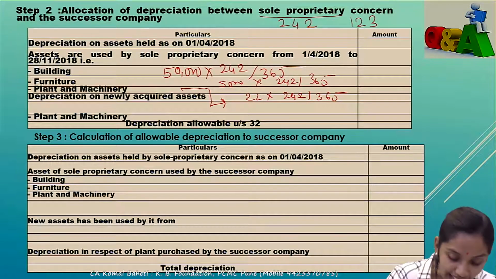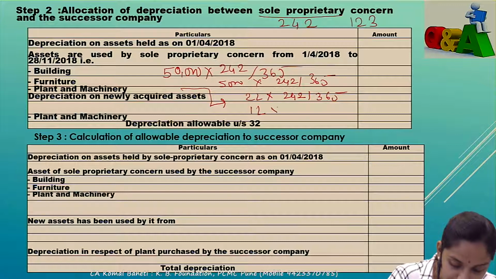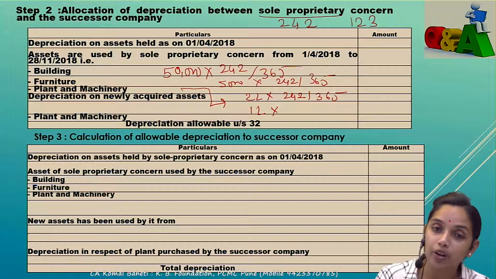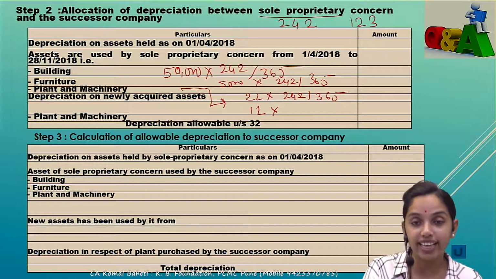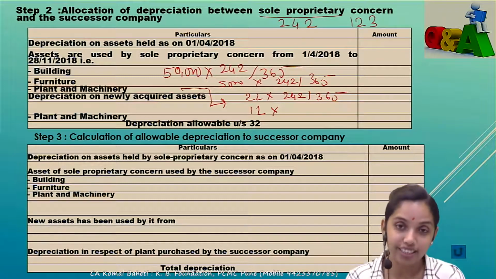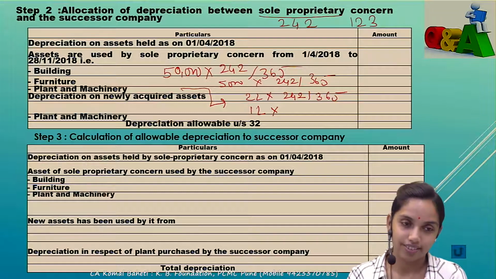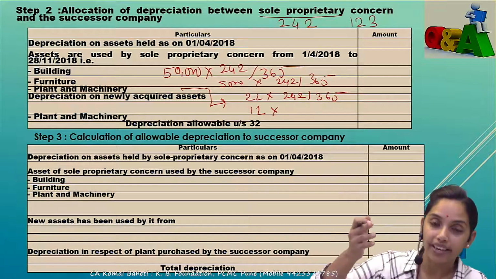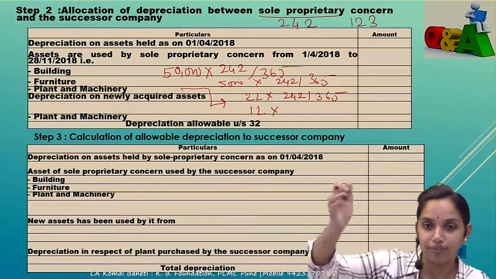But for the addition during the year of 1 lakh, you need to calculate a new ratio. How to calculate the new ratio? From the 15th of October to the 28th of November, and then the 29th of November to the 31st of March.